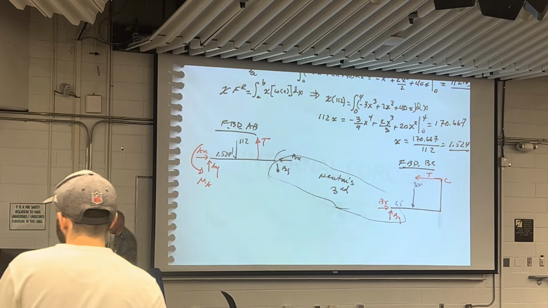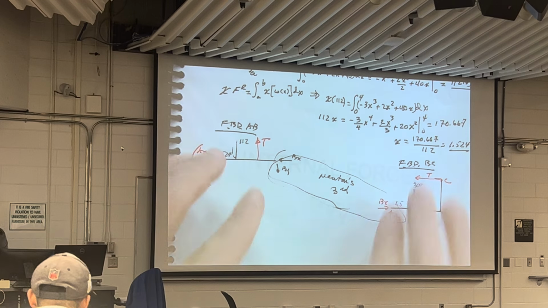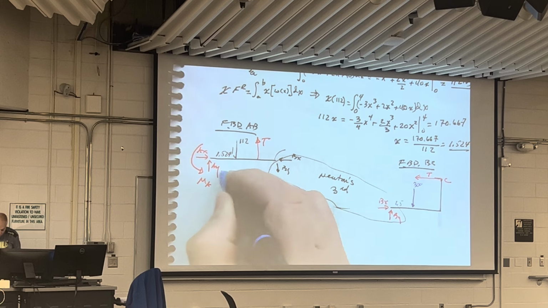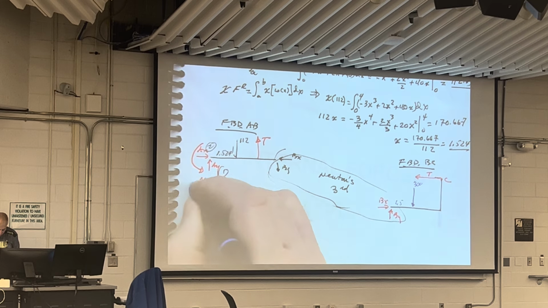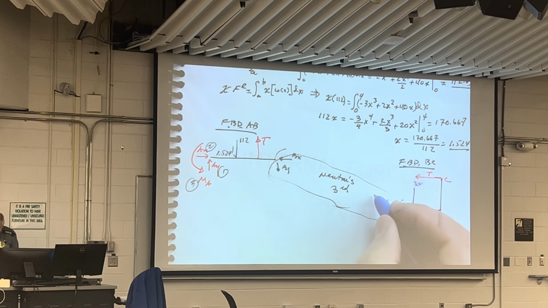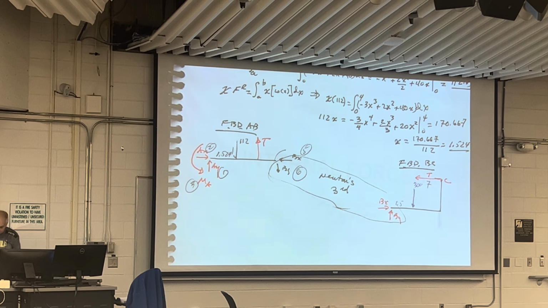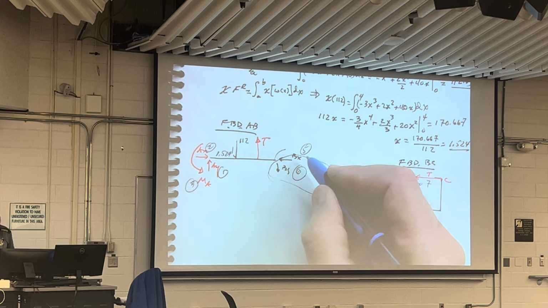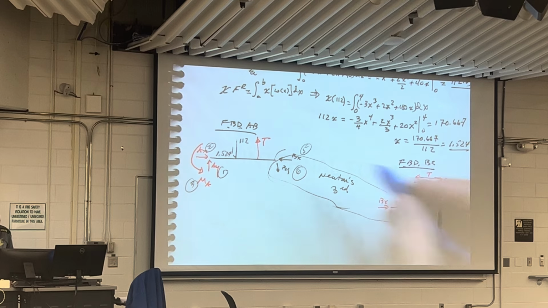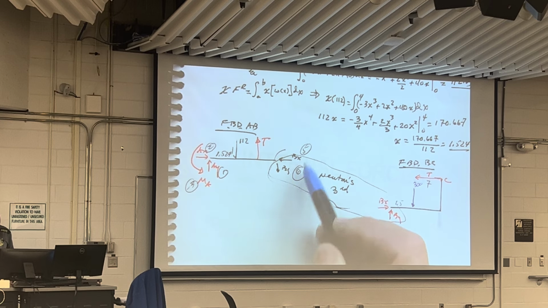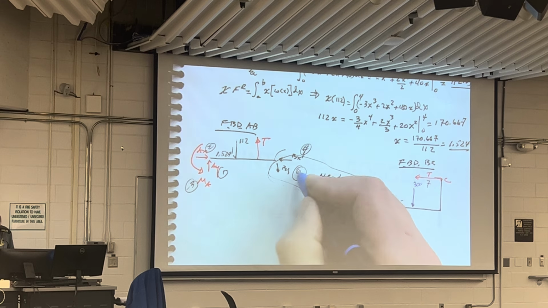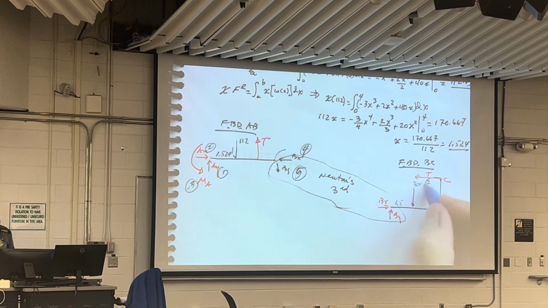Make sure you have enough equations. I have 6 equations because I got 2 free body diagrams. I better have 6 unknowns. 1, 2, 3, 4, 5. Oh, no wonder I don't add up. 5 and 6. Where should I start?